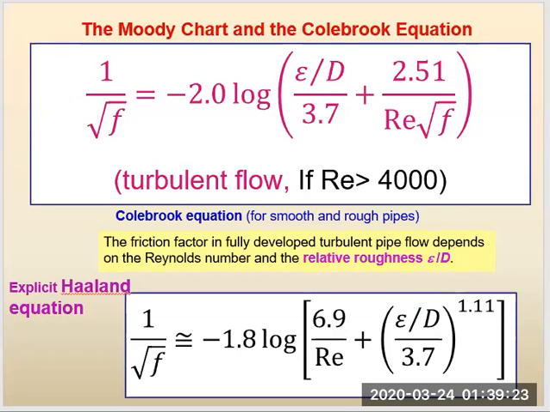Epsilon over D is called relative roughness. So the friction factor in fully developed turbulent pipe flow depends on the Reynolds number and the relative roughness. By the way, when I say channels and ducts, please keep in mind that these equations are only valid for circular pipe. For now, we're going to use it for circular pipe.